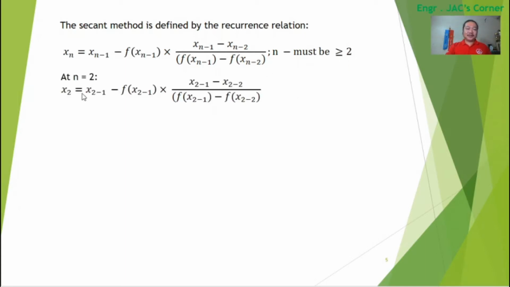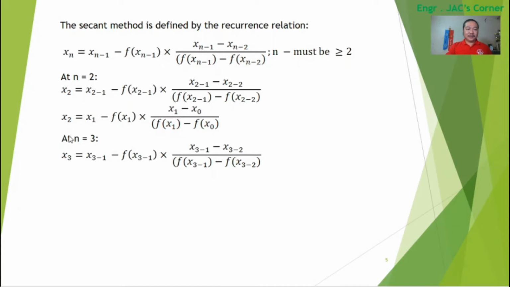At n equal to 2, we substitute the value of n in this equation and arrive at this new equation: x sub 2 is equal to x sub 1 minus f of x sub 1 times x sub 1 minus x sub 0, divided by the difference of f of x sub 1 and f of x sub 0, which was discussed previously.